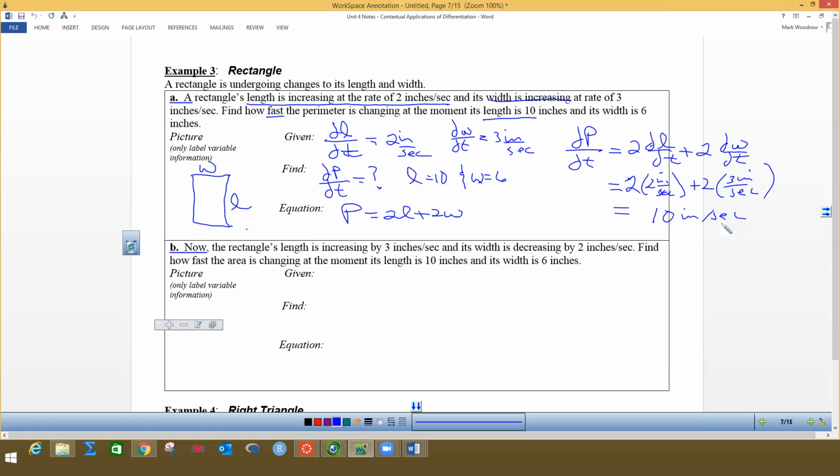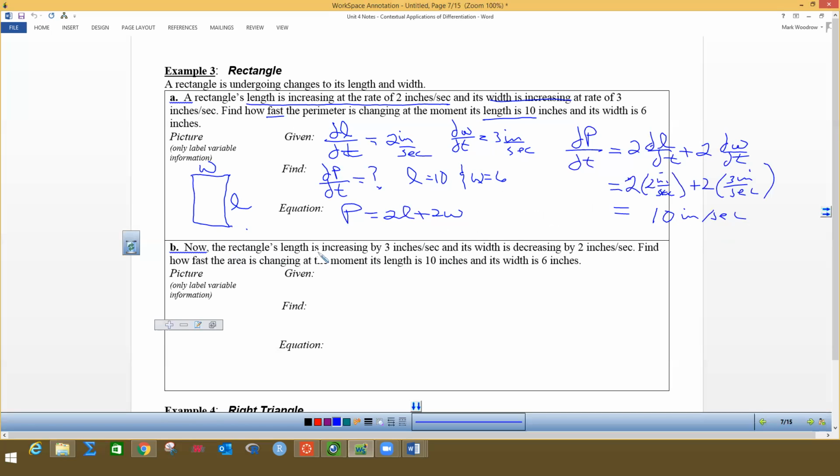So when we answer this, you'd write down the rate of change in the perimeter is 10 inches per second when L equals 10 inches, the length is 10 inches, and W, or the width, equals 6 inches. So we would actually write that out in words, but I don't have room, so I'm not going to write that out.